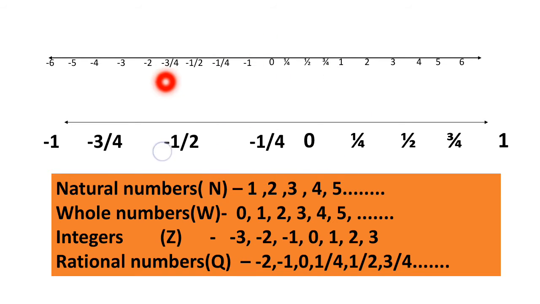Next is, still so many numbers are lying here on this number line. What are these all called? Along with 0, 1, 2, 3, there are negative numbers also.